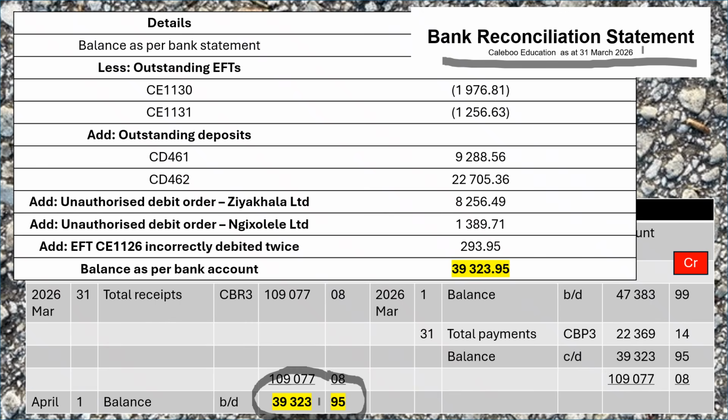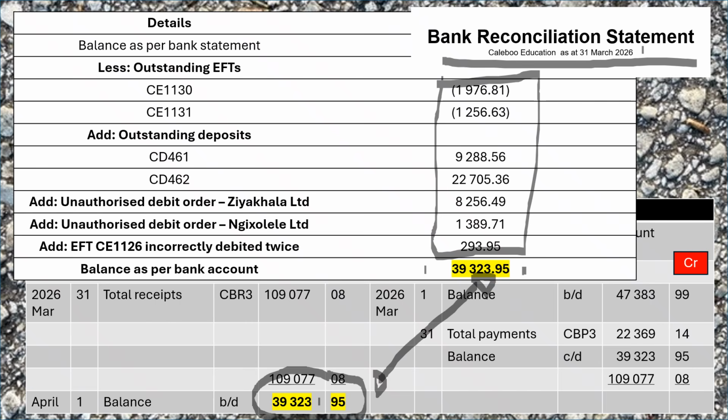And once we've taken into account items that were in our books and errors that weren't shown on the bank statement from the bank, we get to a total of 39,323.95.